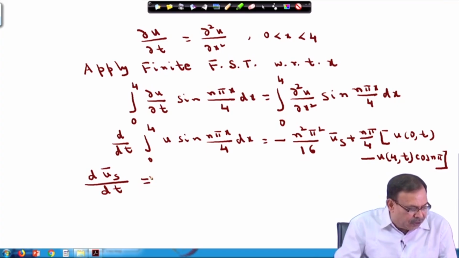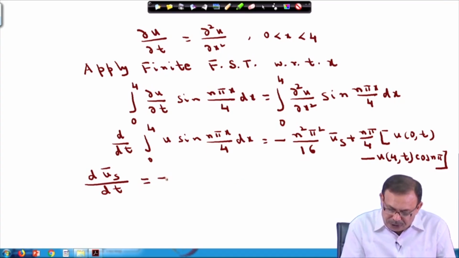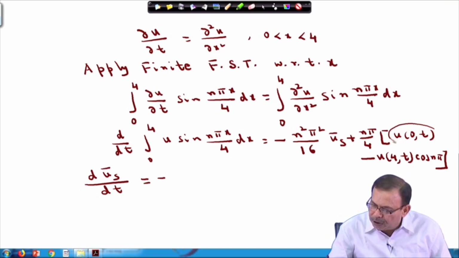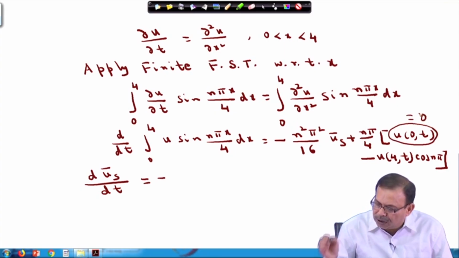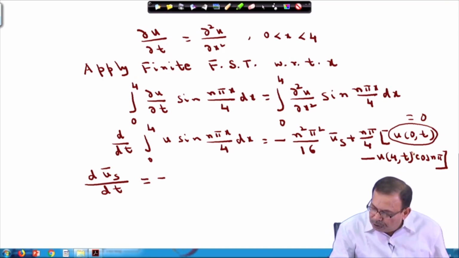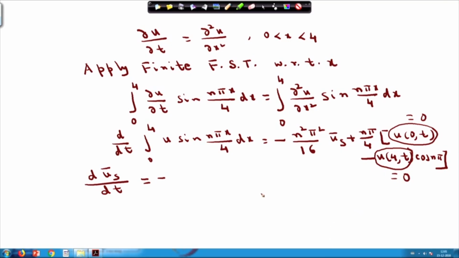This equals minus, the values are given: u(0,t) is 0 and u(4,t) is also 0. So, once I put this, the second term will vanish, and you will have only minus n² π² by 16 into ū_s.